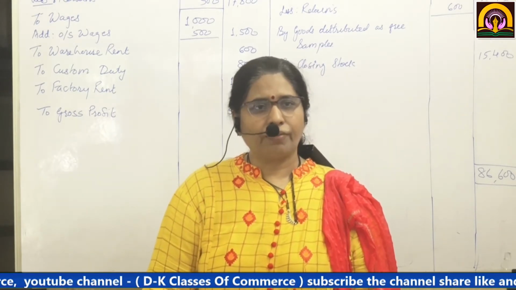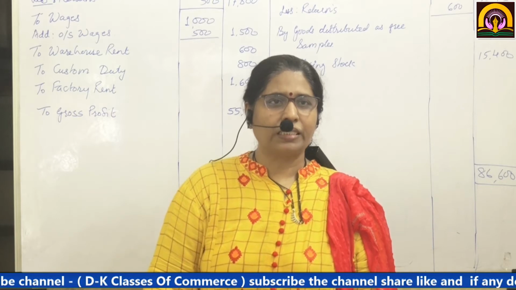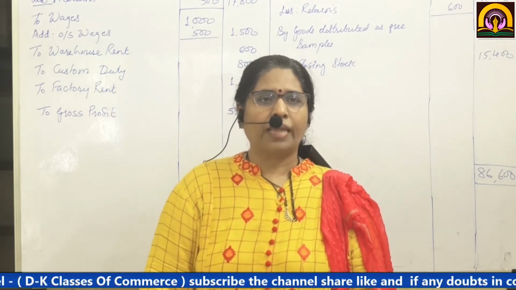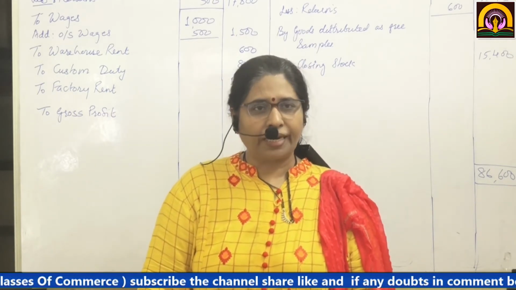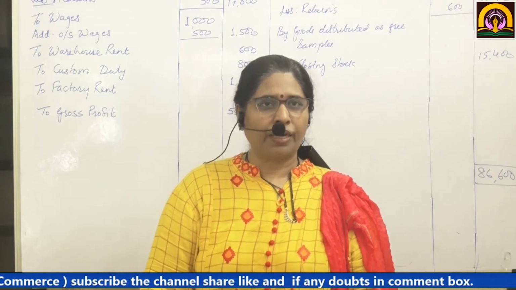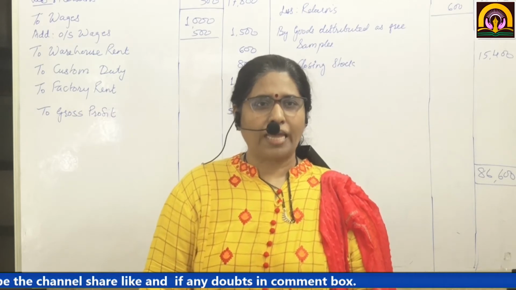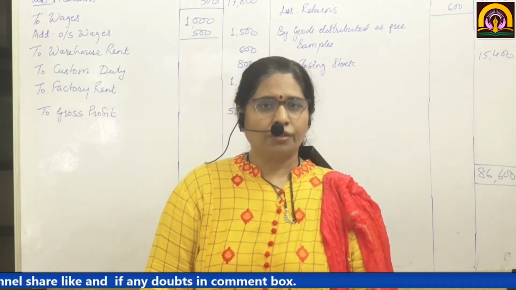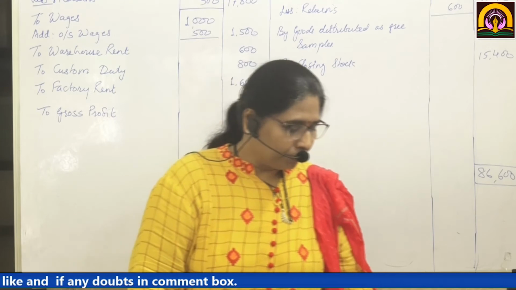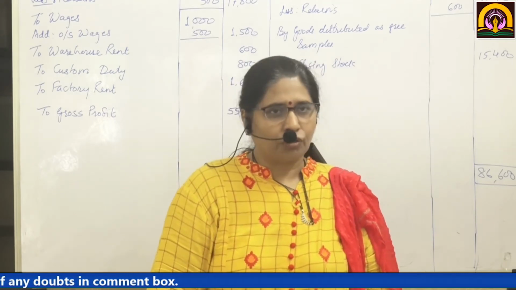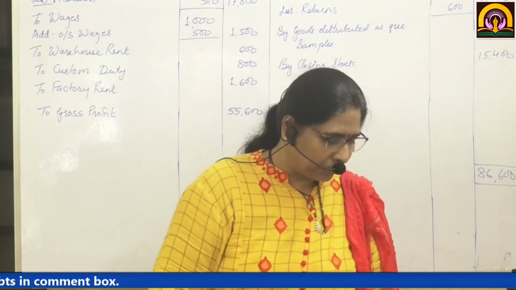How much is it given? 8,700. This is the very first item that will appear in your trading account. Okay, every time you are going to write this opening stock as the first item in your trading account. Okay, then second, purchases, you are going to write it on the trading account debit side.